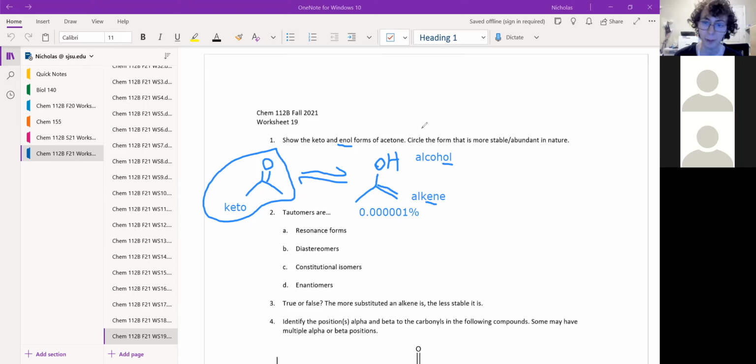If there's any questions about number one, feel free to ask. But number two is asking what tautomers are. These two, a keto and an enol, are tautomers of each other. And how could we describe them out of those four options? Unless somebody answers before I put this, you can go ahead and put what you think here.